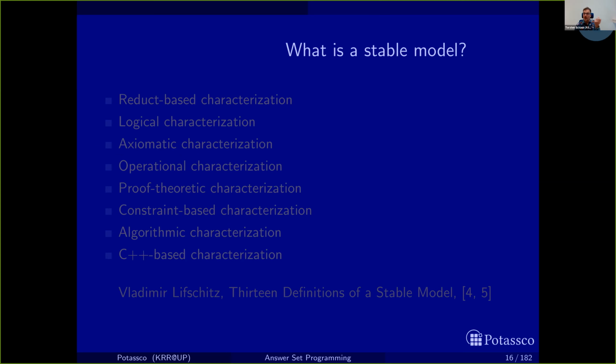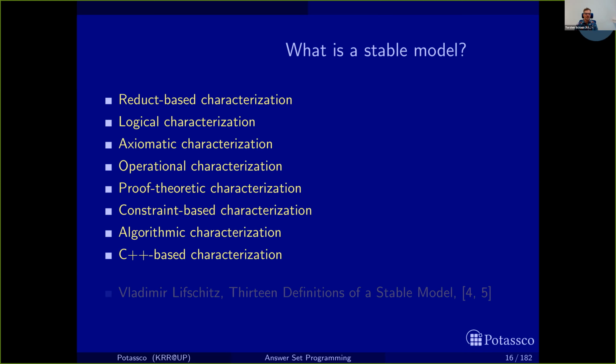Okay. So what is a stable model? You see there are quite a lot of things, and we will look at these ones here at the beginning of the course. If you look at the other material that we have in the master course, we also look at these other ones here. These will be the formal characterizations that we look at.